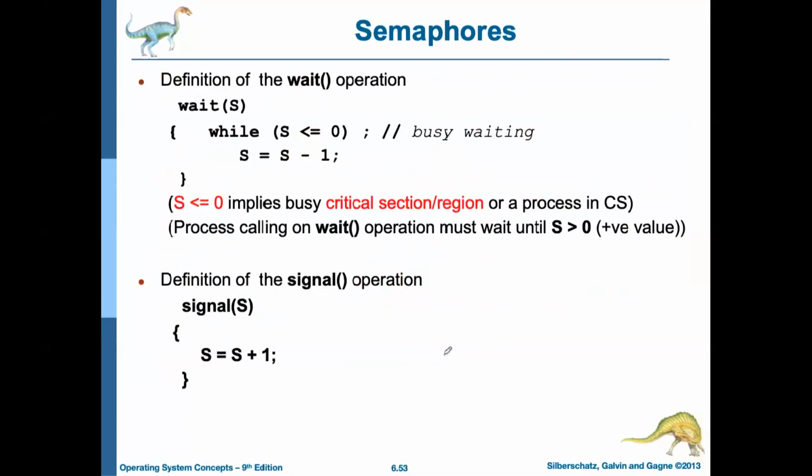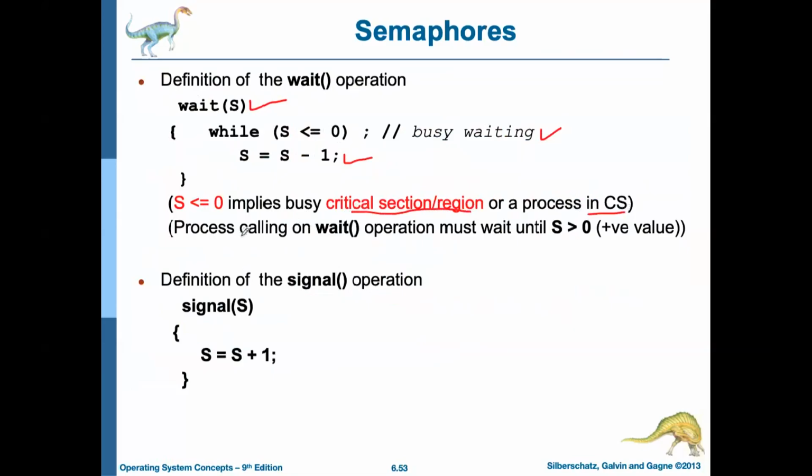So, definition of the wait operation. We have wait: while S is less than or equal to 0, it is busy. S is a number, and S less than or equal to 0 implies busy, meaning a process is in the critical section.